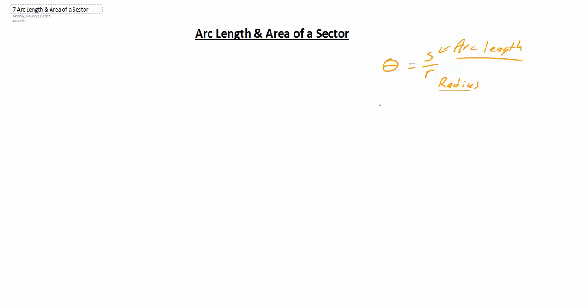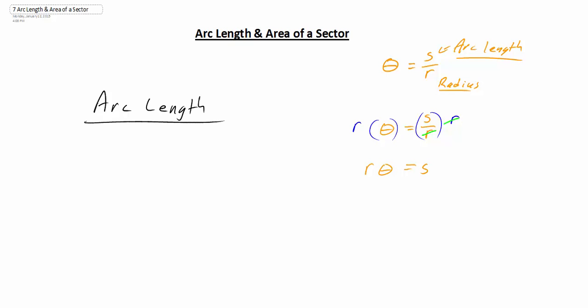So if we have this formula and we want to find the arc length, well, if theta is equal to S over R, then we can simply solve for S by multiplying both sides by R. And if we do that, R is going to cancel out, and we're left with S is equal to R times theta. And that's exactly what we want to use for finding the arc length. So therefore, we're going to use S equals R theta.